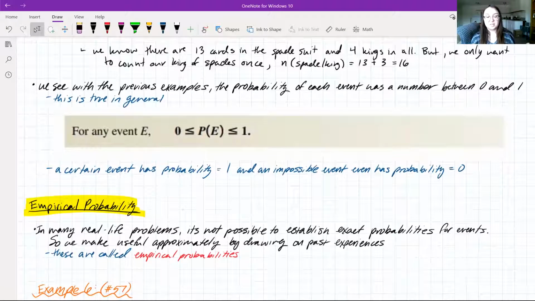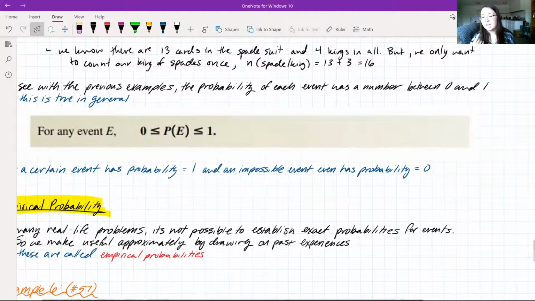A certain event has a probability equal to 1, and a certain event is when its entire set of elements is the same as the sample space. So anytime we get any one of these things in our event, it's going to happen because they're all in our sample space. Then an impossible event has a probability equal to 0. This would be the probability of someone reaching 10 feet tall. That would be a probability of 0.